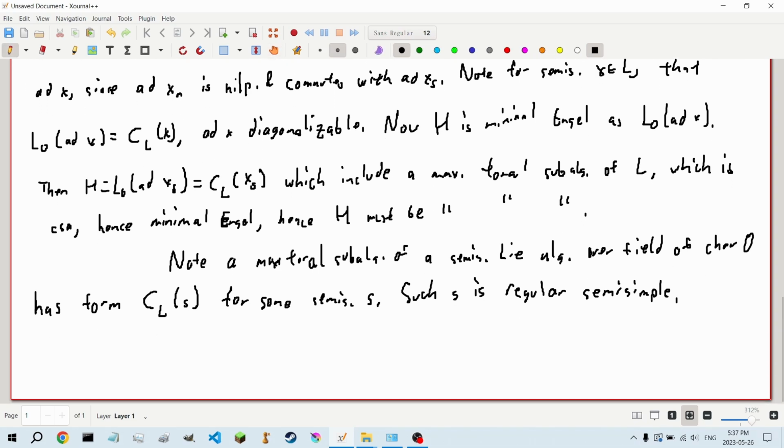Let's look at what they call functorial properties, which consists of two lemmas here.